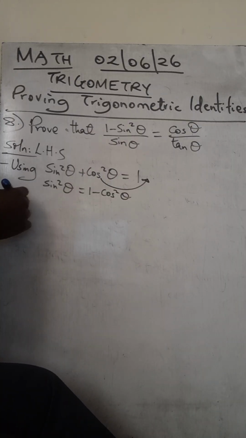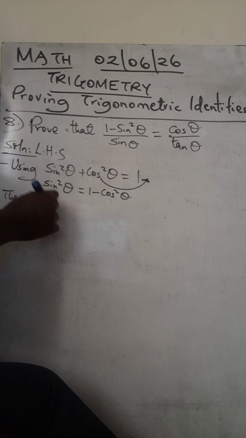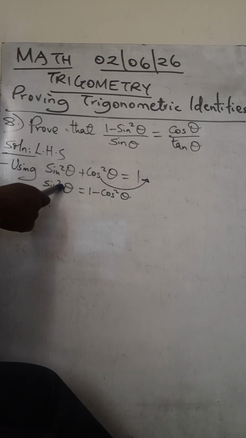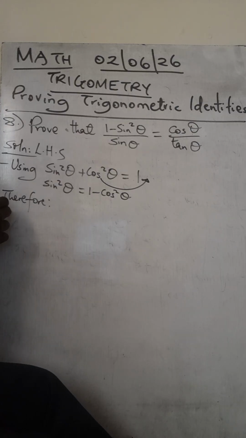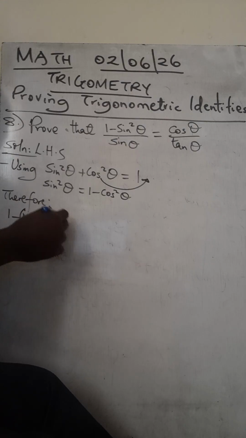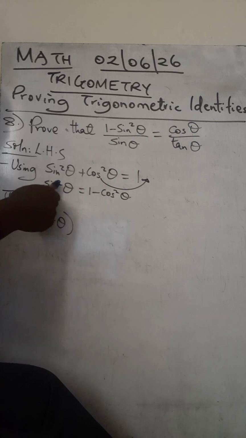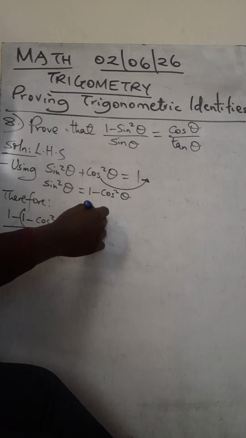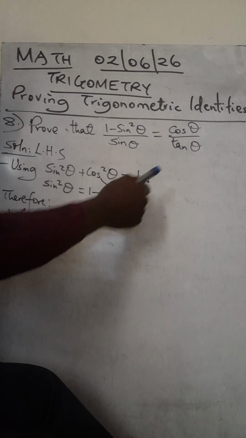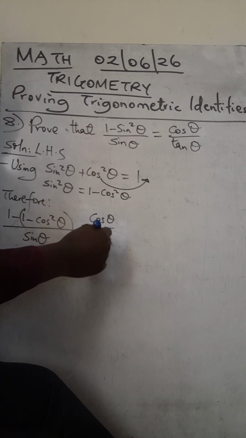Therefore, where there is sine squared of theta, here I put this value. So 1 minus (1 minus cosine squared of theta). Whatever is in this bracket represents sine squared of theta over sine of theta equals cosine of theta divided by tangent of theta.